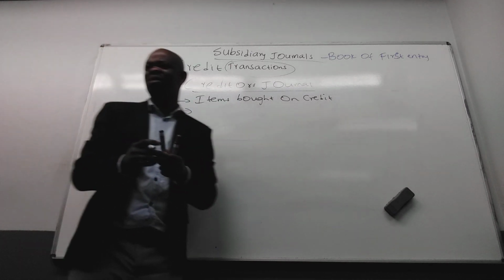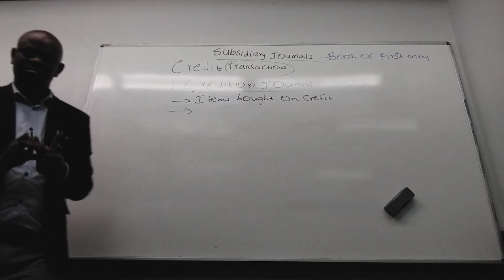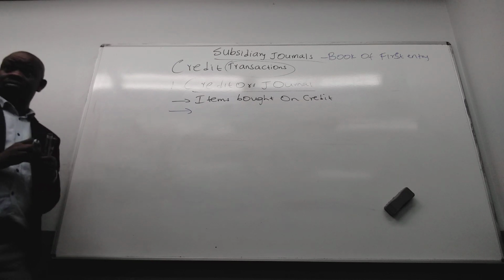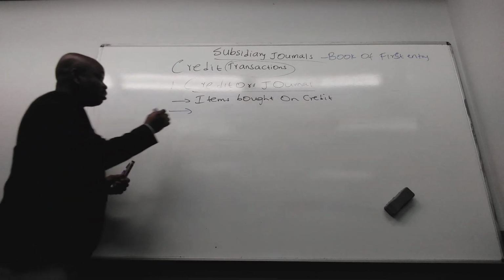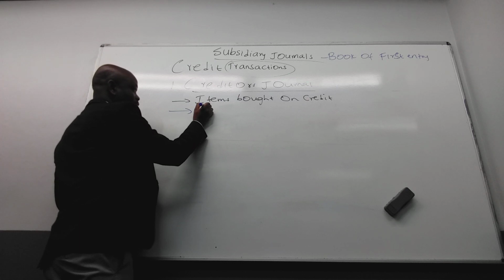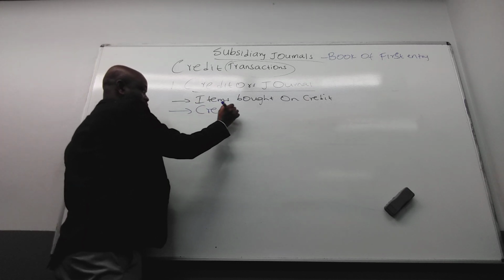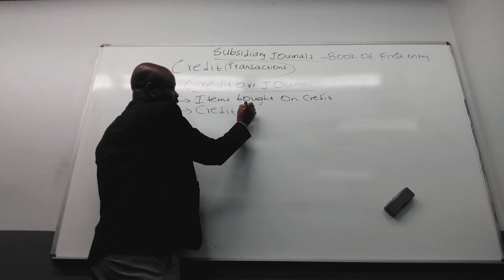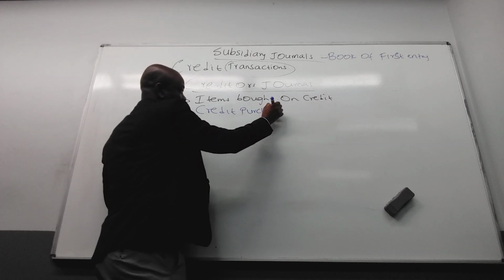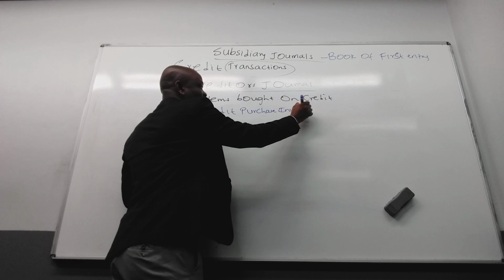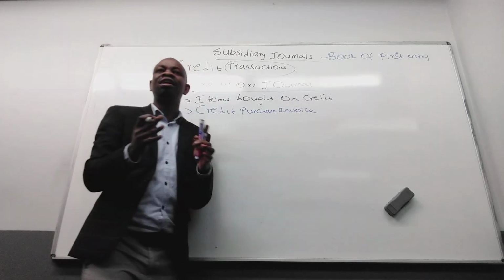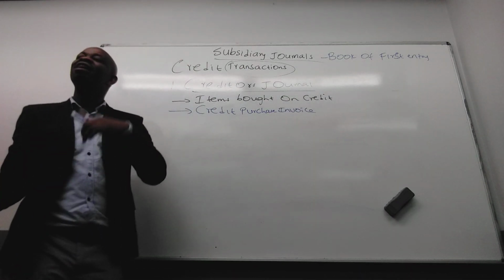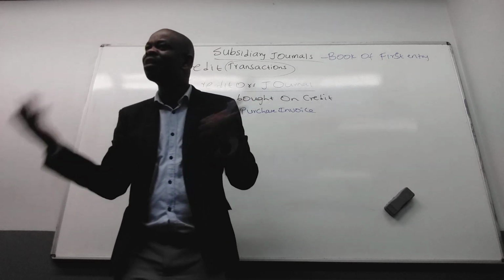Now, just to ask you some questions here. What source document do you think we can use? Invoice? Which invoice? Oh, credit invoice. Yes. We can call it credit invoice, but I prefer if you can call it purchase invoice.